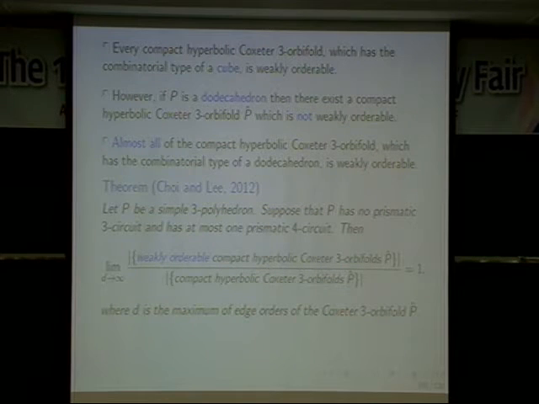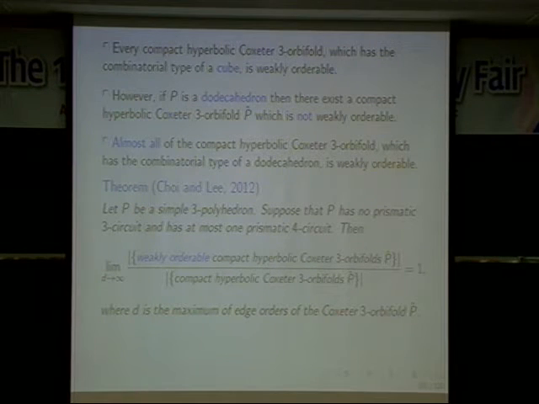In the following sense. If P is a simple 3-polyhedron, P has no prismatic 3-circuit and has at most one prismatic 4-circuit. Please remember that the dodecahedron does not have 3-circuits or 4-circuits, so it satisfies this assumption, obviously.